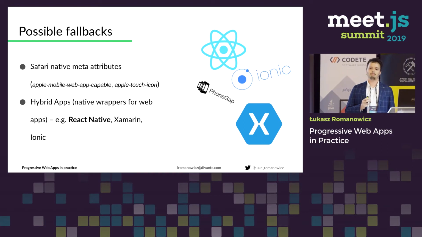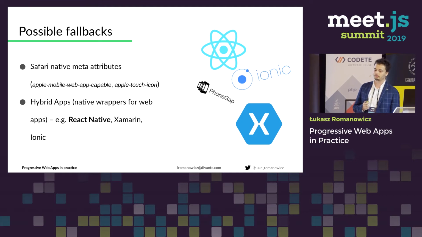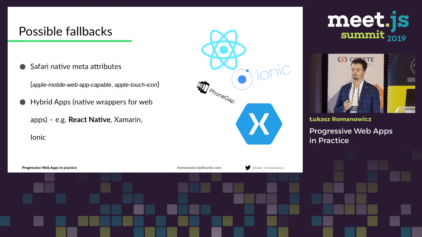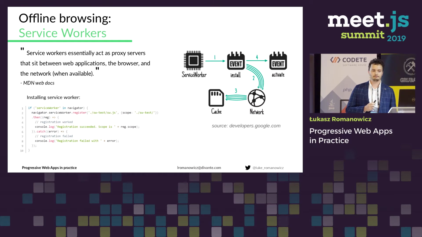And there are some meta tags that you can put in the head to customize it, but it's not that customizable as on other platforms. Another fallback is hybrid apps, and they have been covered already, so no need to duplicate it.